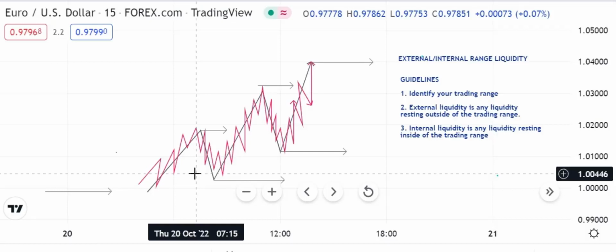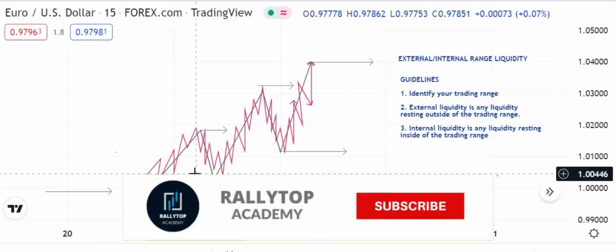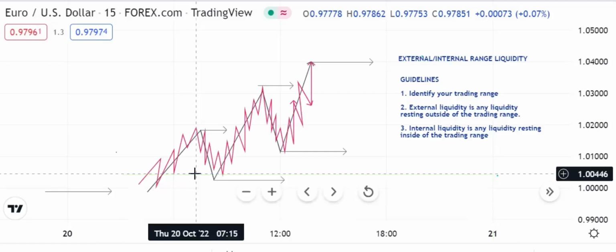You want to see the highs being taken out. In other words, the lows are strong lows and the highs are weak highs in the case of a bullish structure. But in the case of a bearish structure, the lows are weak lows while the highs are strong highs, and you don't want to see price break and close above the highs in the case of a bearish momentum.